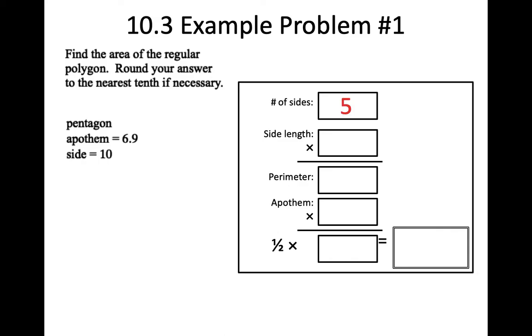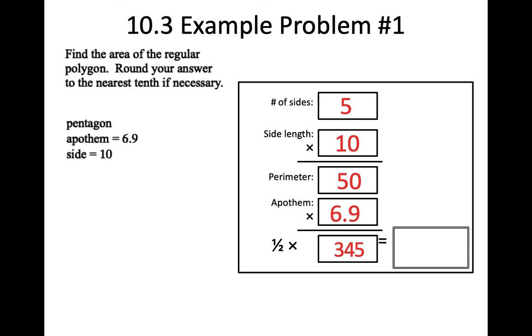Pentagons have 5 sides, and the side length of each side is 10. So I multiply the number of sides and the side length together, and I get the perimeter of 50. If I then take 50 and multiply it times my apothem, which in this case is 6.9, 50 times 6.9 is 345.